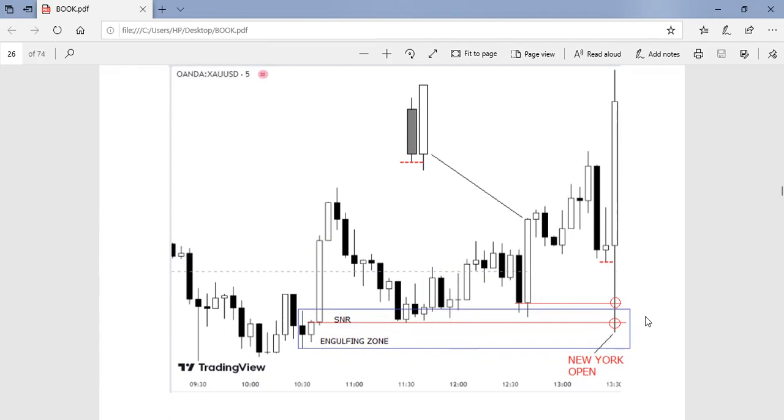When price taps into the zone at New York time or London opening session, you can use engulfing to your advantage, because that's where you're going to see liquidity, right? So price taps into this place and moves. This is an engulfing zone, and it moves higher. It has been taken out.